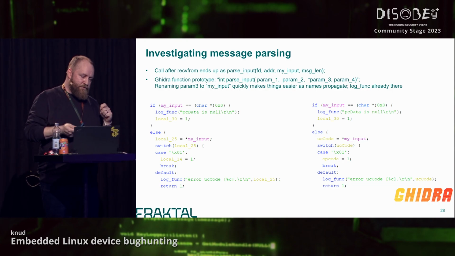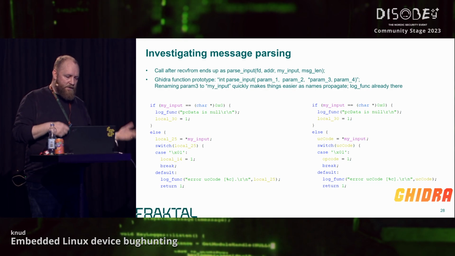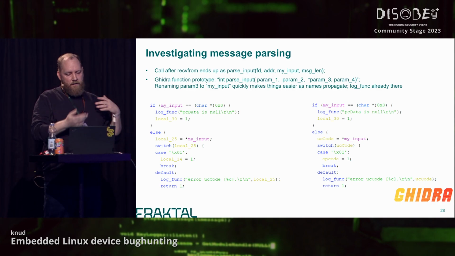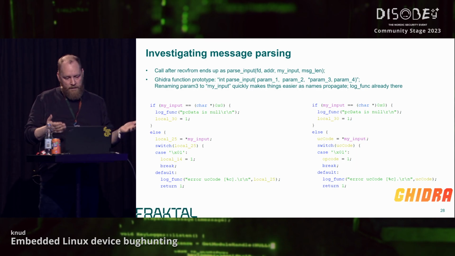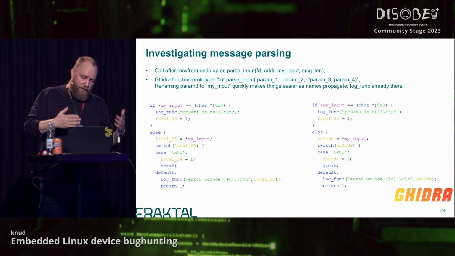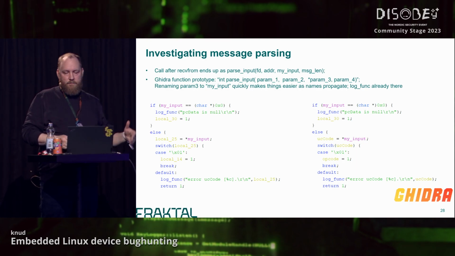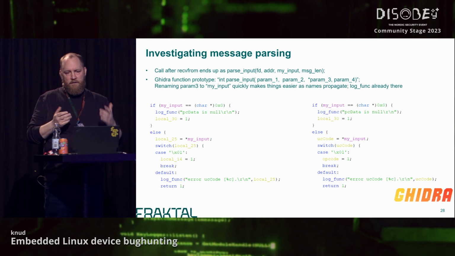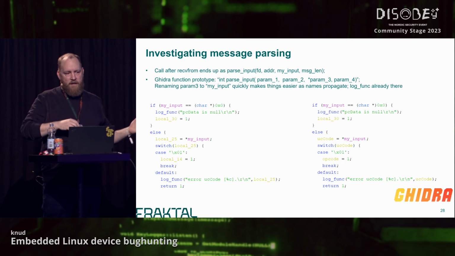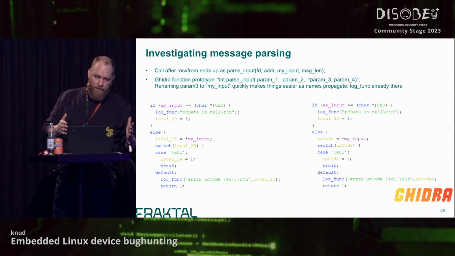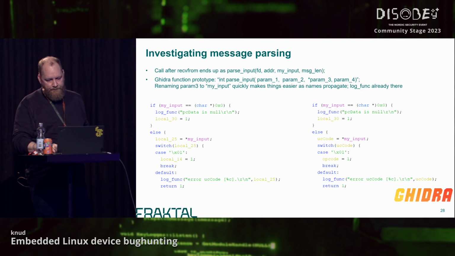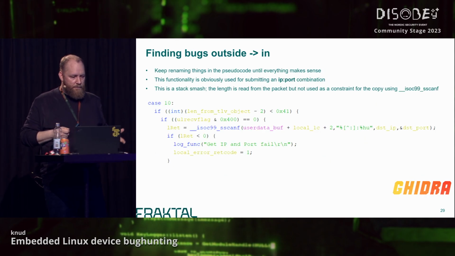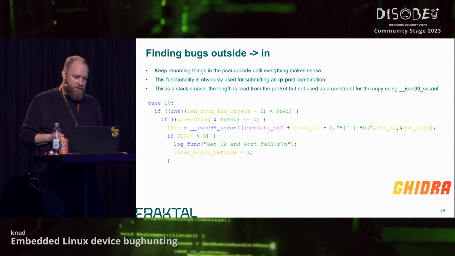But that means that from the programmer point of view, this variable is actually called UC code, so you can just rename it and follow his naming pattern, and then names will propagate and things start to make sense, because when you scroll further down in the code and the things are named nicely, it's a lot easier to understand than when they have weird names like local 25, right? And then, well, keep renaming things because everything will make sense all of a sudden.